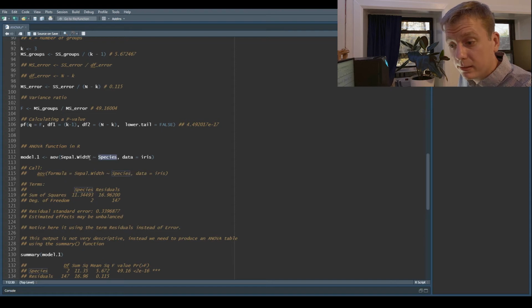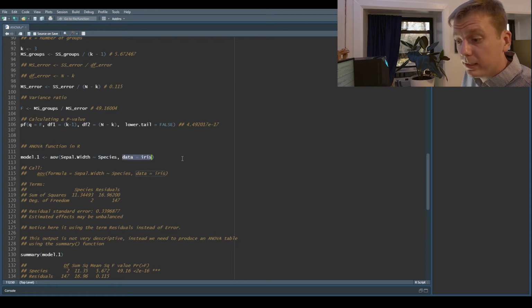In this case, our y variable is sepal width, and our x variable is species, and we know there are 3 species. We then also tell it where to get that information, where to get the data, and that is from iris. And so if we run that, we get some interesting information here.